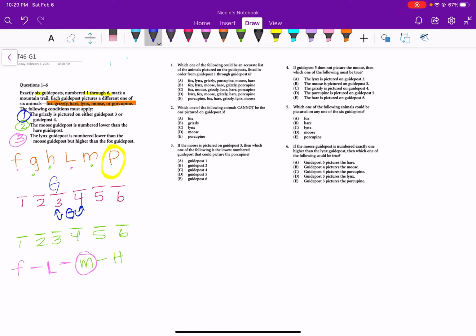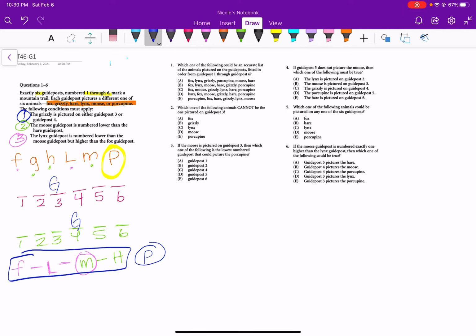The G is either third or the G is fourth. Then I just know that I have to follow these restrictions elsewhere, and my P can go anywhere.